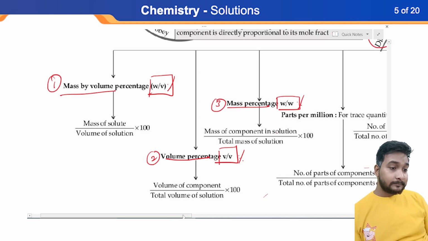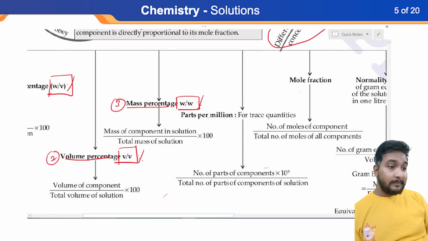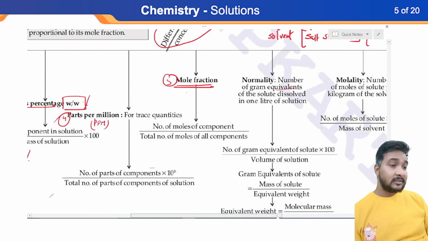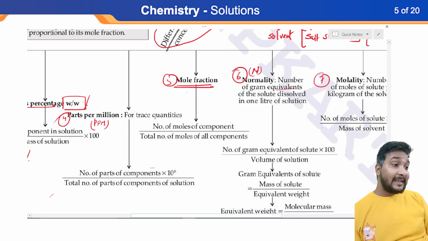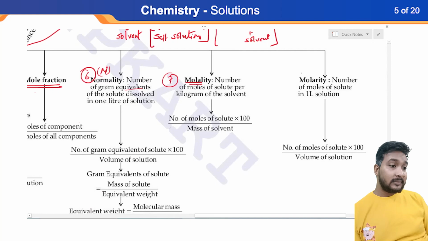Next one, fourth, that is ppm, parts per million. Fifth, that is mole fraction, fraction of moles in simple words. Sixth, normality, the symbol is capital N. Seventh, molality. And number 8, that is molarity.